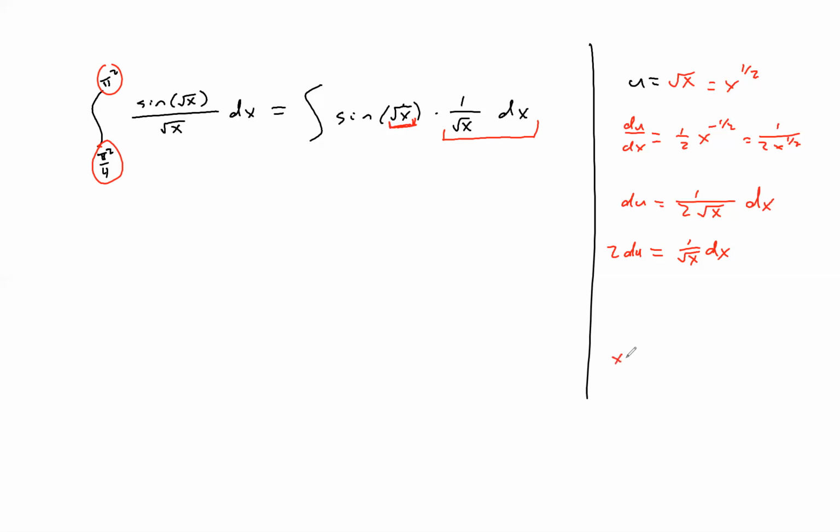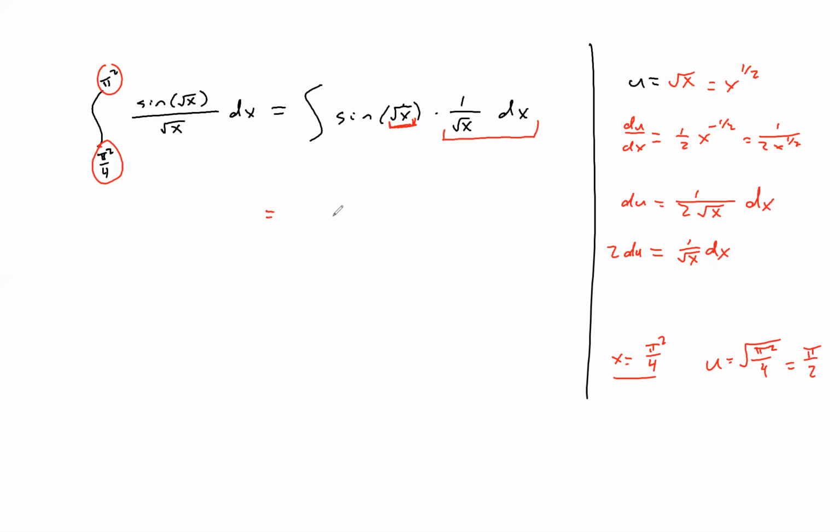Originally I had x equals pi squared over 4 for my lower bound, but u will be the square root of that. u equals the square root of pi squared over 4, which is just pi over 2. So my new lower bound is going to be pi over 2.